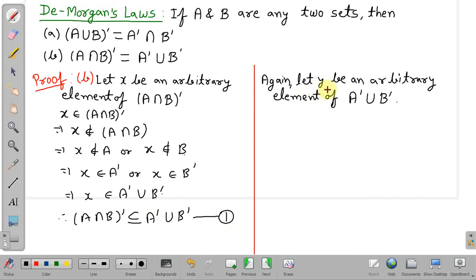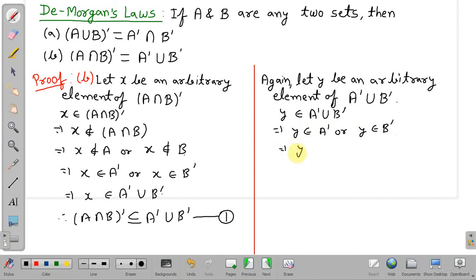Similarly, we are assuming Y to be any element of A complement union B complement. So we can write Y is an element of A complement union B complement. And from here, Y is an element of A complement, or Y is an element of B complement.